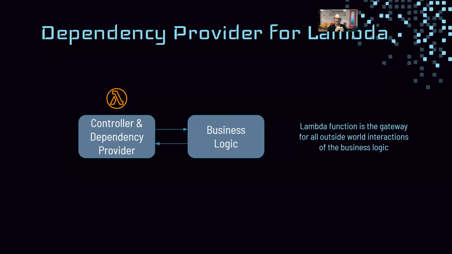And similarly, when the logic wants to do something with the outside world, like store a record, it interacts with the implementation that you want to use, because you're running inside the Lambda environment. If you were running inside a container or hosted your business logic somewhere else in a different environment, those implementations might be completely different, but the logic should not change. You're still trying to achieve the same business outcome.